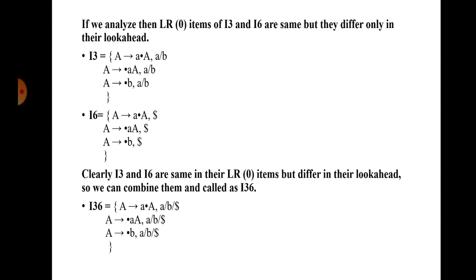So we can combine I3 and I6 as I36. In I3 the look ahead symbol is A slash B, but in I6 the look ahead symbol is dollar. So in I36 we write A slash B slash dollar.